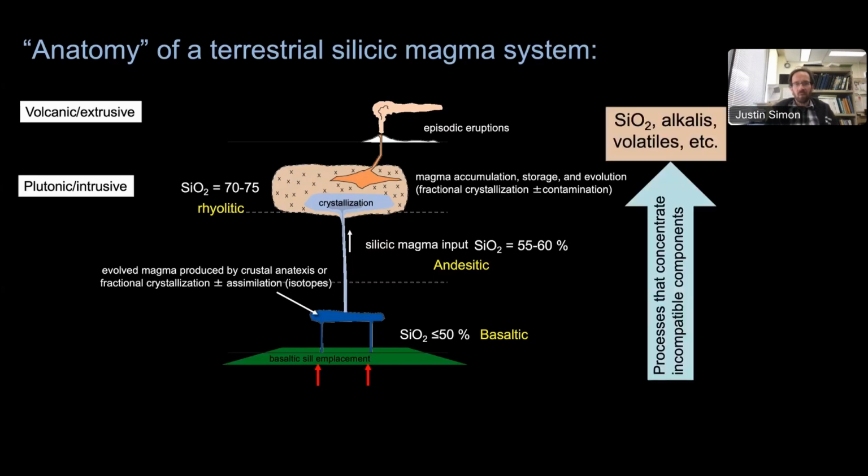But again, the main point that I'm trying to make here is that there's a massive machinery below the surface that is required to produce these silica-rich rocks. And this same process, at least on Earth, concentrates alkalis, volatiles, and all other incompatible components that don't go into mafic or mantle minerals and that are therefore concentrated.